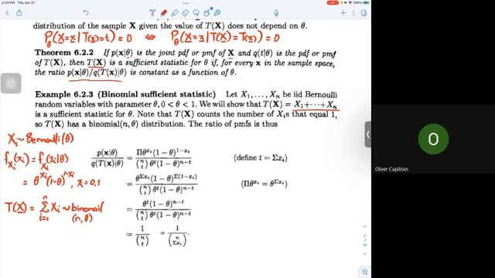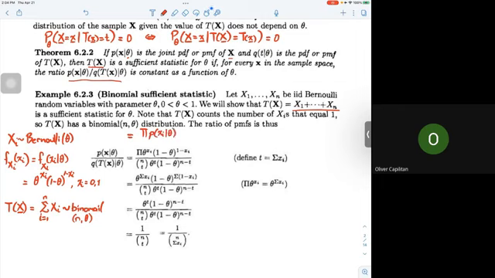So, let's consider now the ratio of the PMFs. So we have here on the left-hand side the ratio of the PMF. So yung joint natin, since they are IID, then our numerator would be the product of the PMFs.